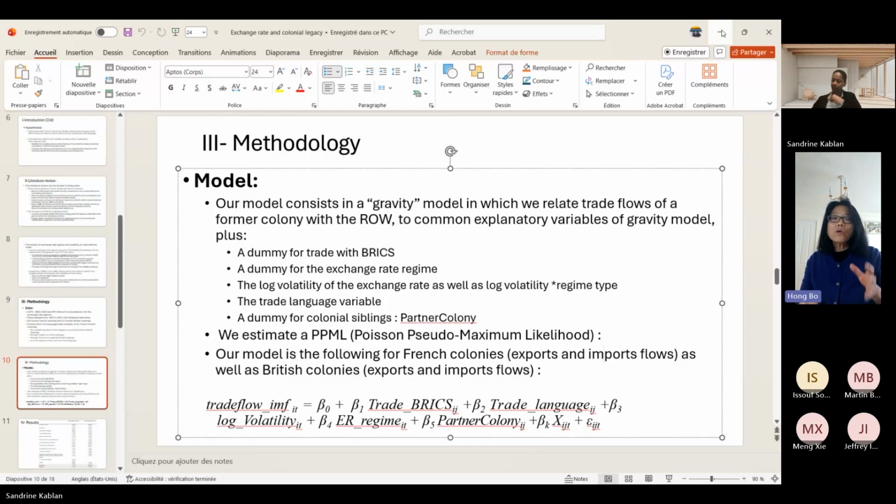And yes, you add language as a control variable, but I think the core variable is the exchange rate and the volatility. So can you explain a little bit more why you chose exchange rate or volatility, and talk about the impact of colonial regimes?